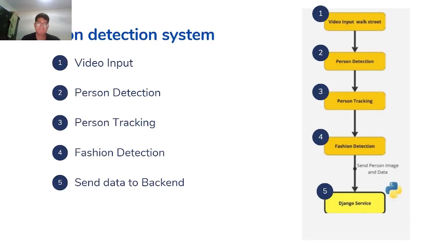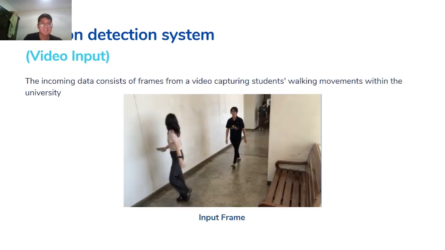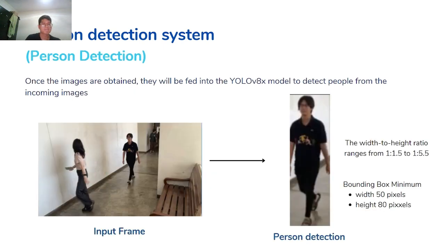Let's talk about the fashion detection system. We get the input from our test video. It looks like we have the video frame capturing students walking in the university. In the first step, we use YOLO detection to detect people from the incoming image.